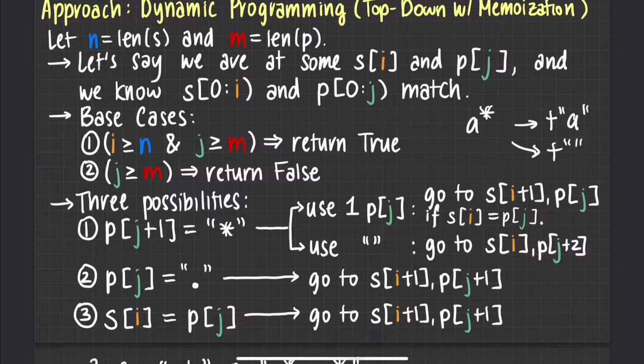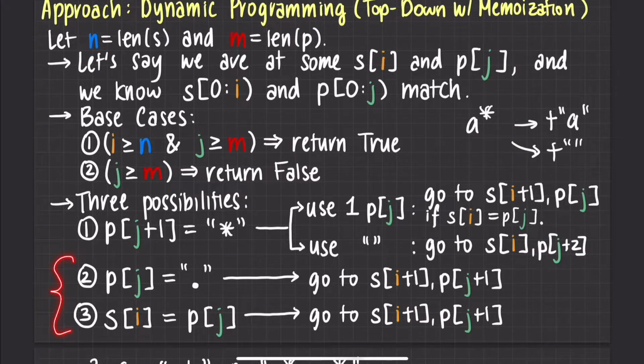So then what we need to do is, well, we remain at the same I because nothing has been matched for I yet. But J needs to advance 2 places and not 1 because the next one over is our star. But the one after that is the next letter we need to look at, or the next character.